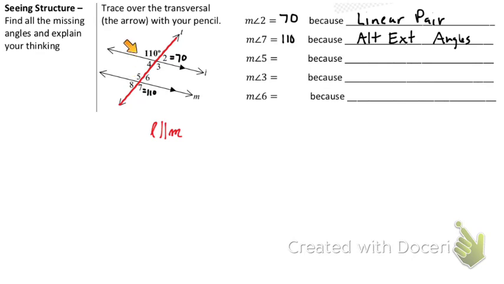So angle 5 is also equal to 110. This is by using the relationships previously. This is by corresponding angles. Corresponding means the same.